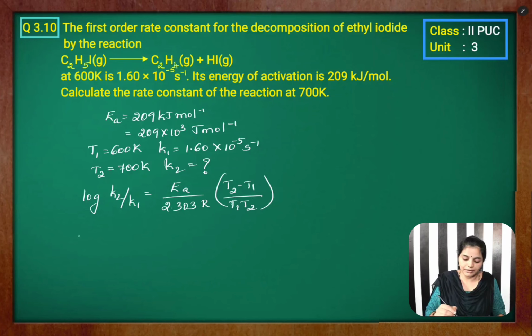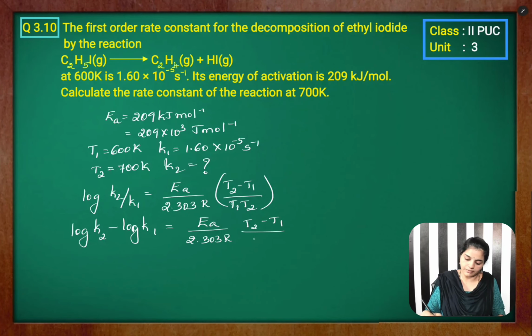So log K2 by K1 can be written as log K2 minus log K1, which is equal to EA divided by 2.303 R into T2 minus T1 divided by T1 into T2.